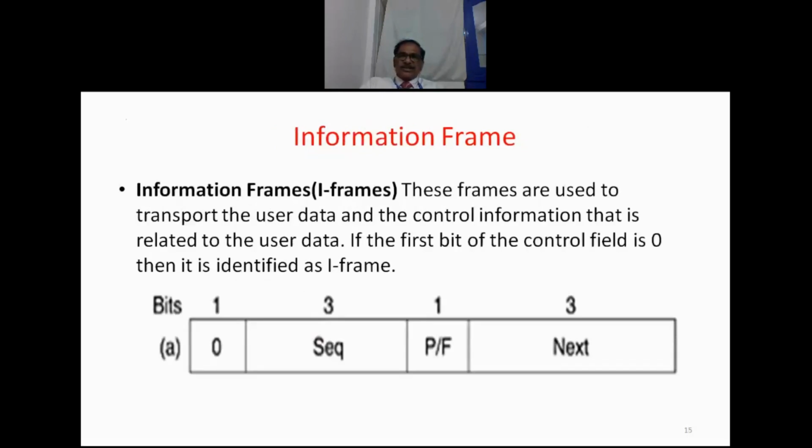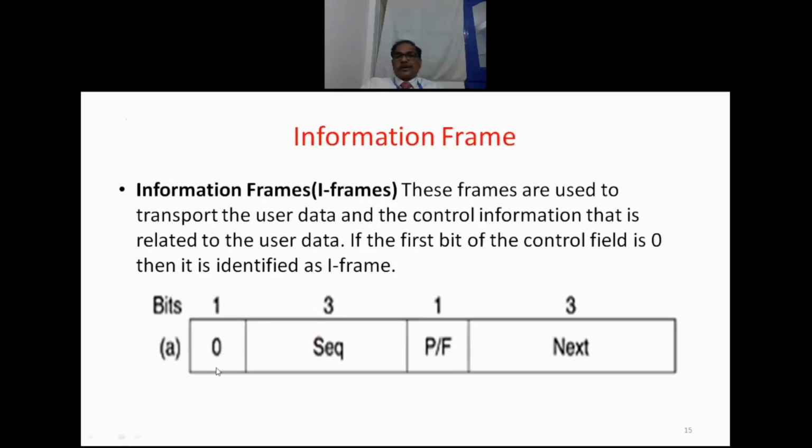First is the information frame, which carries the data payload from sender to receiver. An information frame is always from sender to receiver. The first bit of the control field is 0 for an information frame.